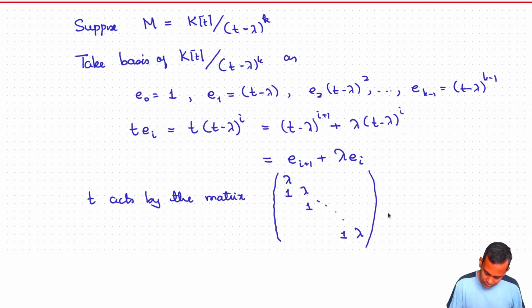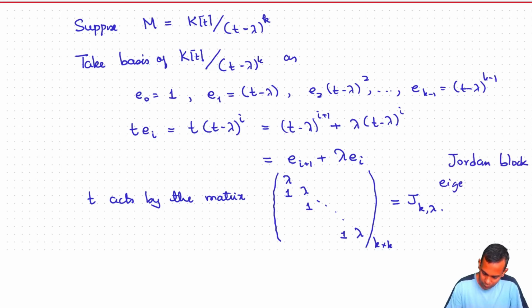It's a k by k matrix, and we will call this matrix J_k(lambda). Such a matrix is called a Jordan block with eigenvalue lambda of size k. And these are the building blocks of matrices over an algebraically closed field.